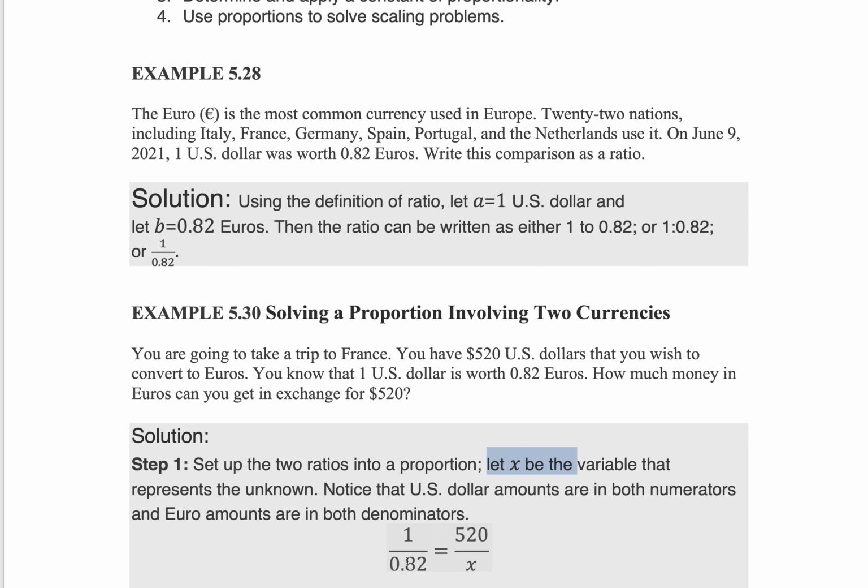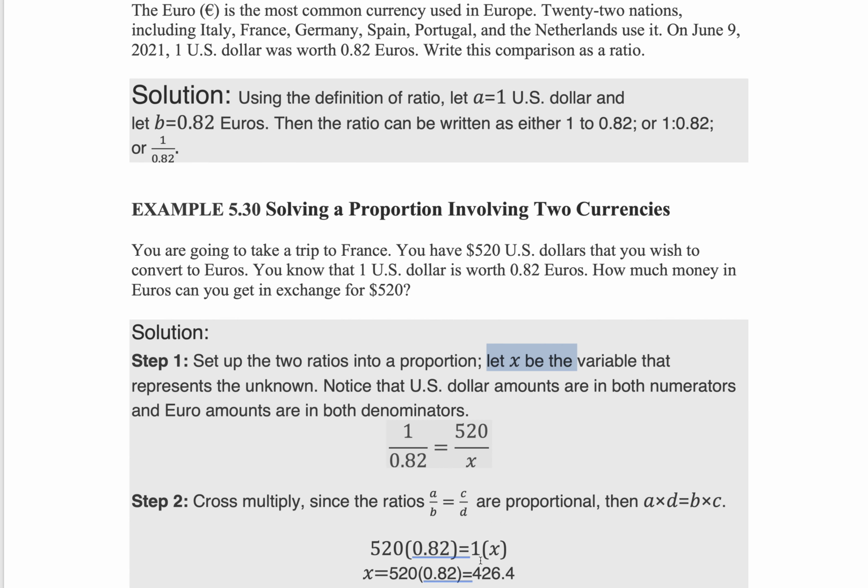So 1 to 0.82 has to be the same as 520 to x, because this time we are really comparing two fractions. A over B equals C over D. We can consider cross multiplication: it is the same as A times D equals B times C. This is the cross multiplication I'm talking about.